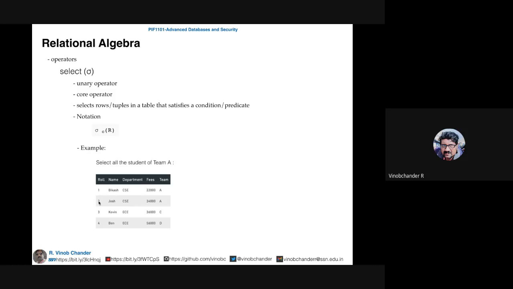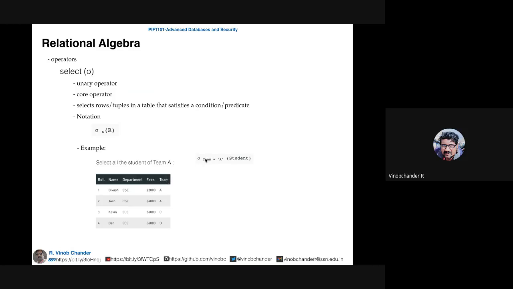So how do we do that? Using this syntax. We say select all the students, the table name is student, belonging to team A. So we specify the condition here. As you can see, we make use of the attribute; one of the attribute names is team.